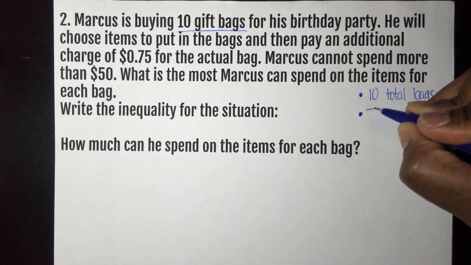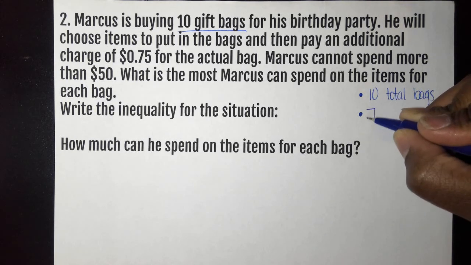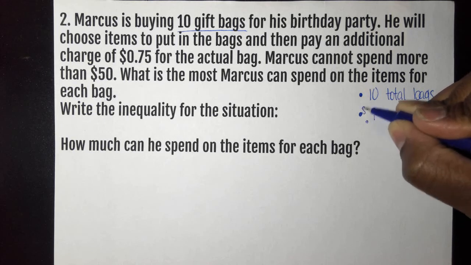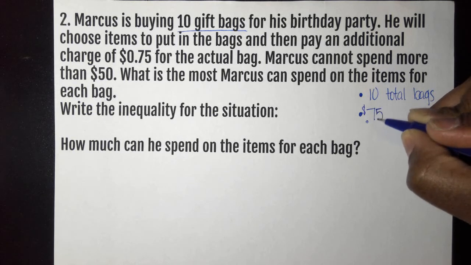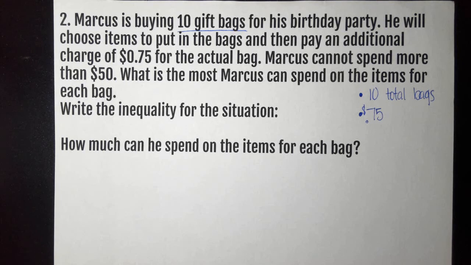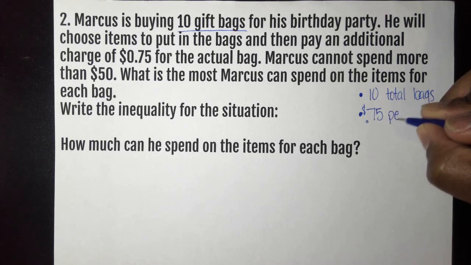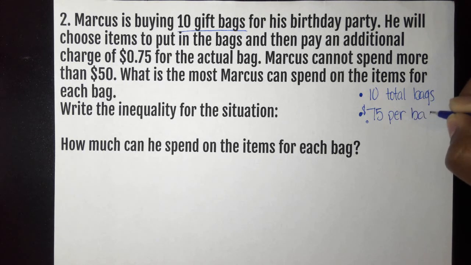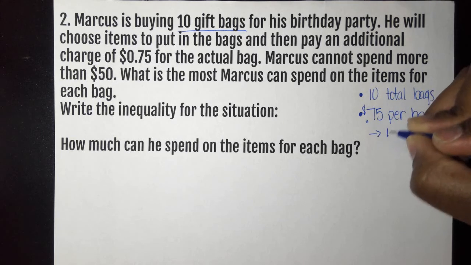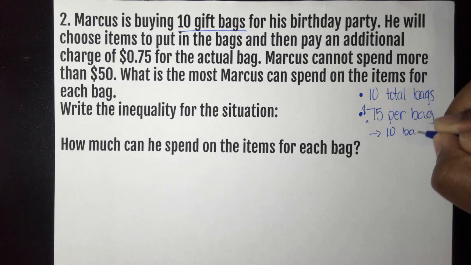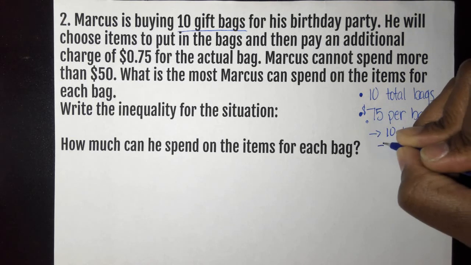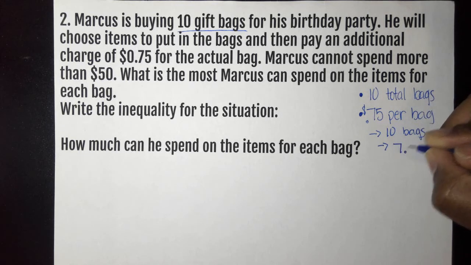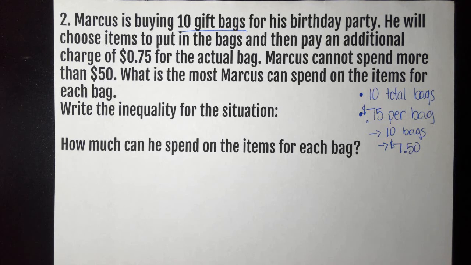So that is $0.75 per bag. We know that he's buying 10 bags, so for a total of $7.50 in bags, for all bags.